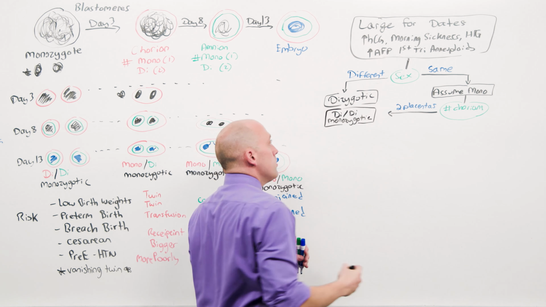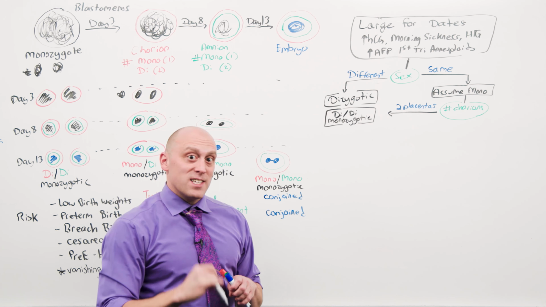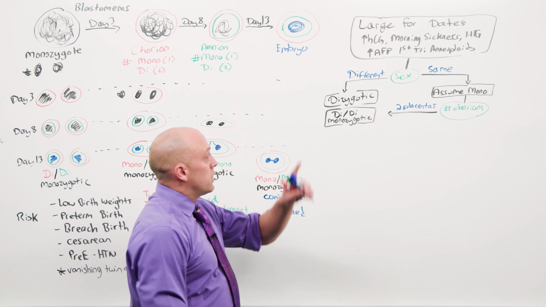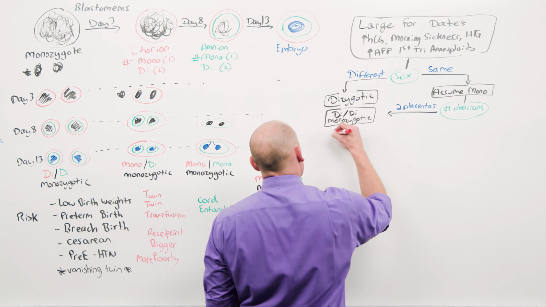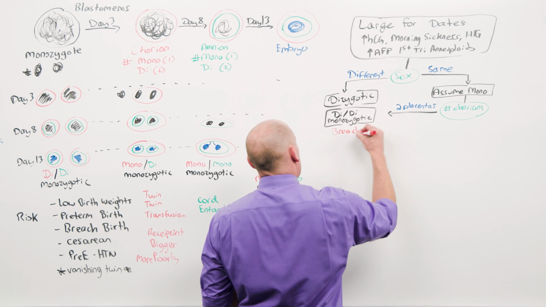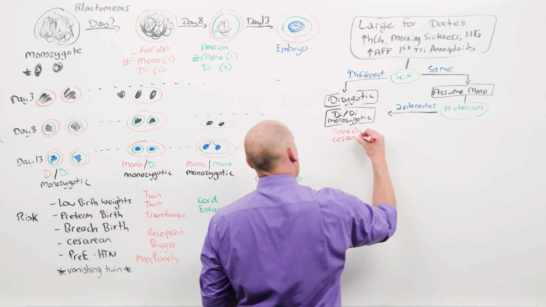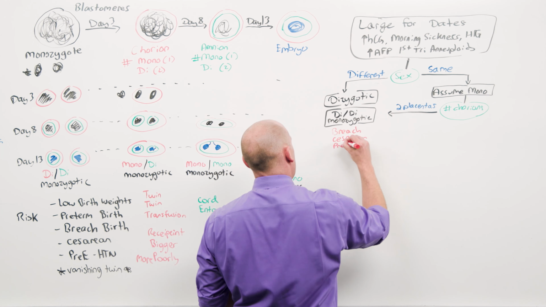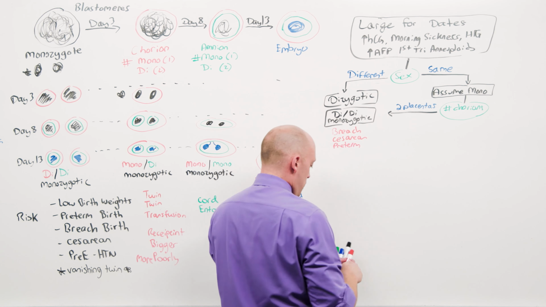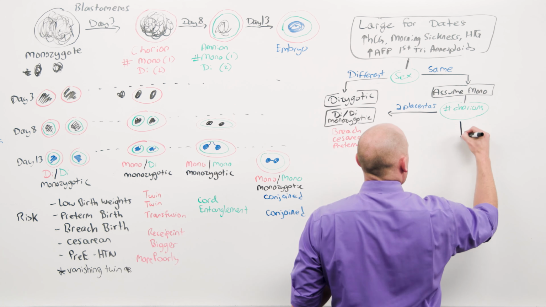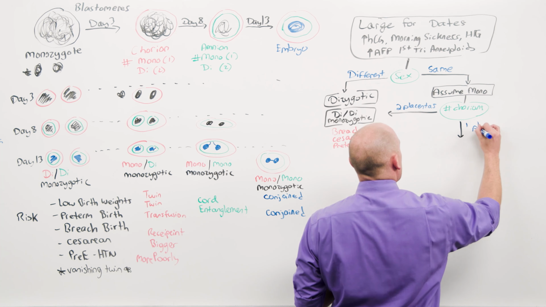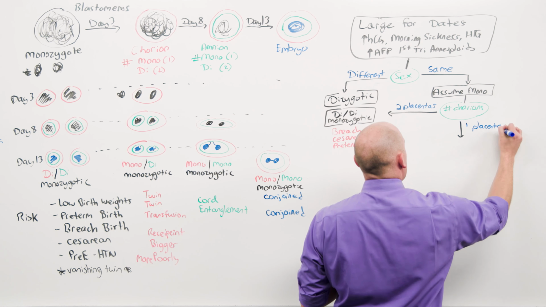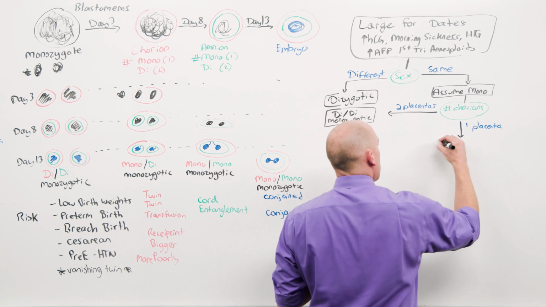So you can't tell the mother whether or not she's going to have identical twins, but you know that there are twins, and those carry risk. Breech, cesarean, preterm, etc. If there's only one, then you know for certain that this must be a monozygotic twin.